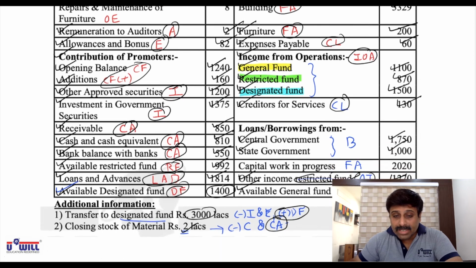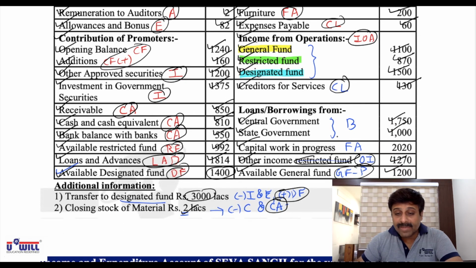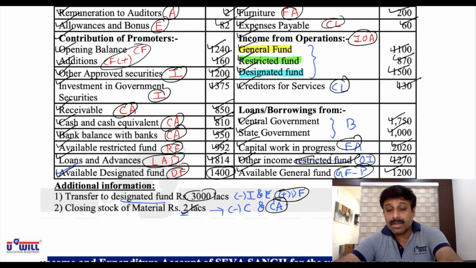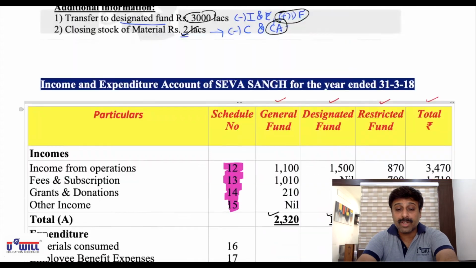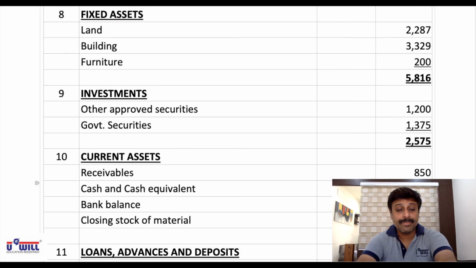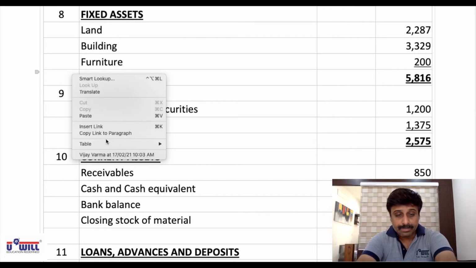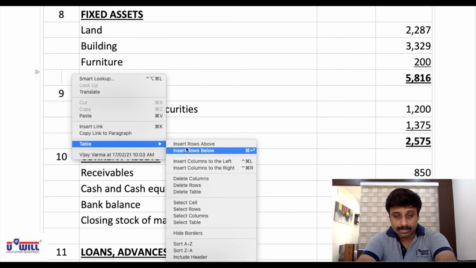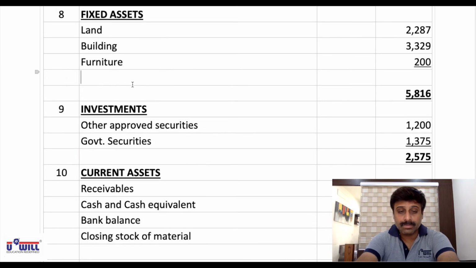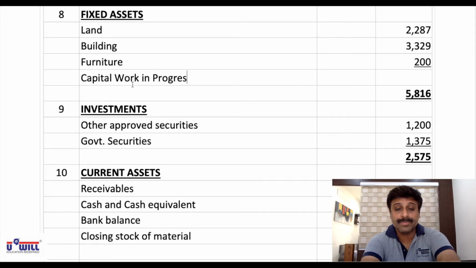No. Okay, this capital work in progress is also there. Fixed asset 2020. Let us write that in fixed assets. We forgot to write that 2020. Capital work in progress in fixed assets 2020. Capital work in progress.